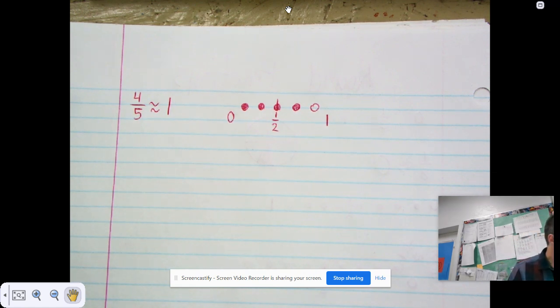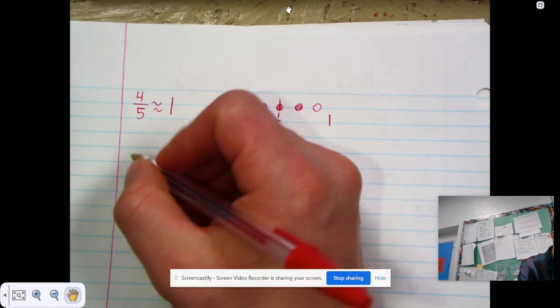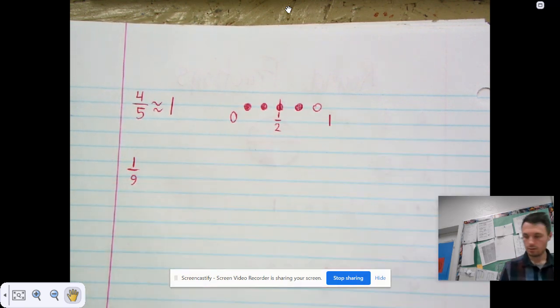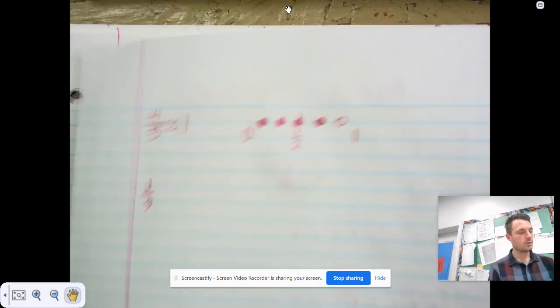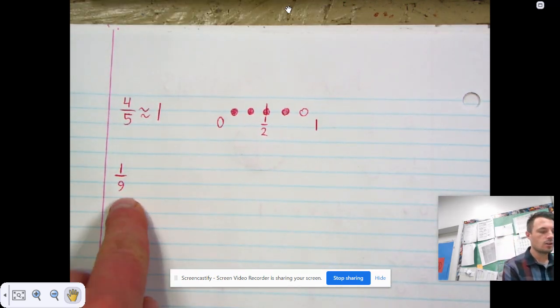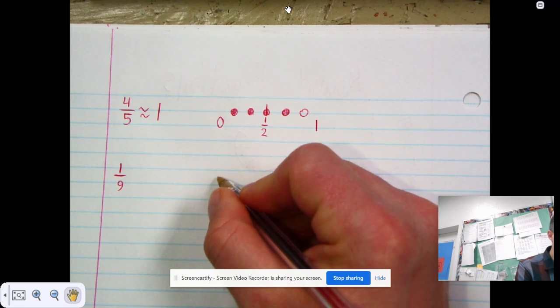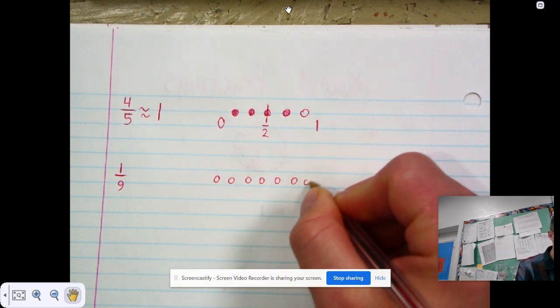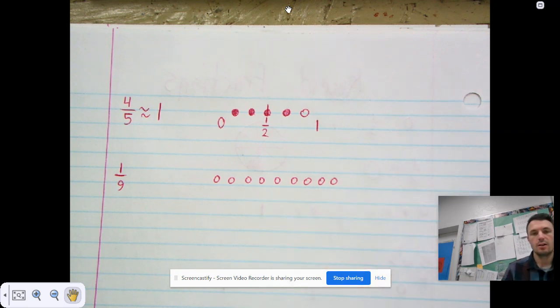Let's do another one. Let's say we had 1/9. I didn't already do that one, did I? No, let's do 1/9. So 9 is our denominator. So we make 1, 2, 3, 4, 5, 6, 7, 8, 9 marbles.